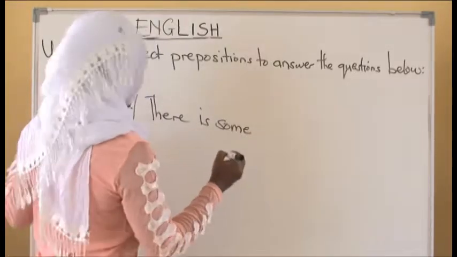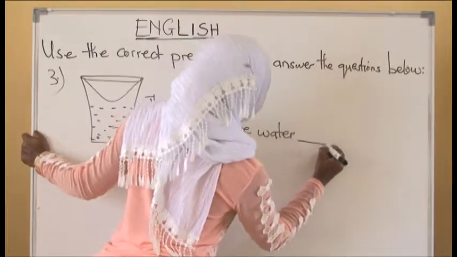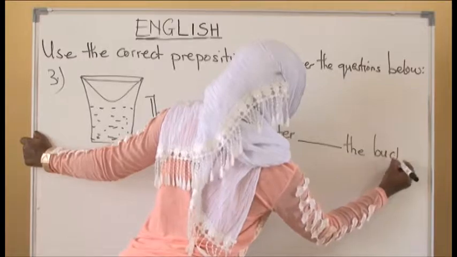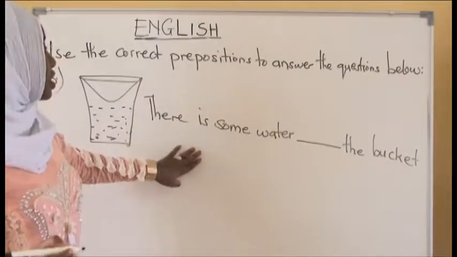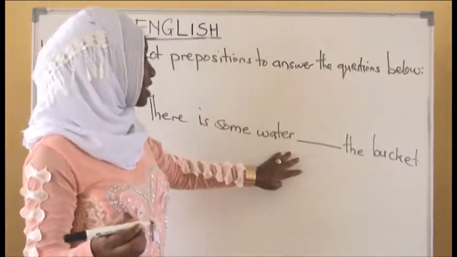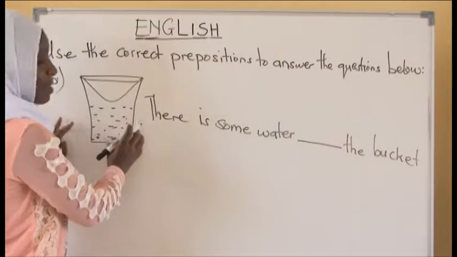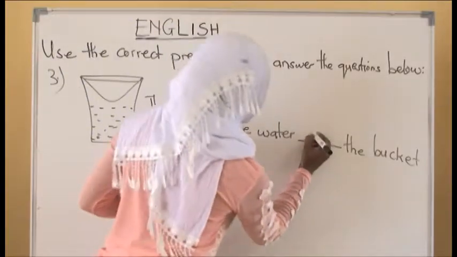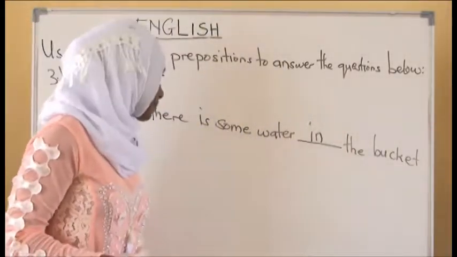You have to fill in the gap. Because we have water in this bucket, we are going to say there is some water in the bucket. So the correct answer here was supposed to be in.